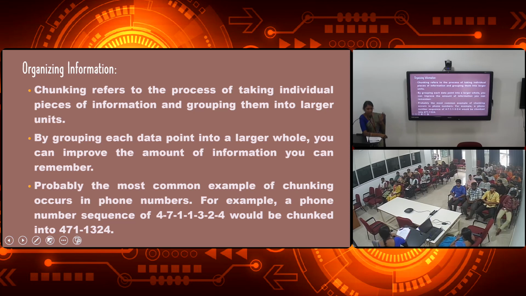So chunking is the method which we use to store information, making pieces of information and grouping the individual pieces, isn't it? So you can easily retrieve it whenever we want. By grouping each data point into a larger whole, you can improve the amount of information you can remember.